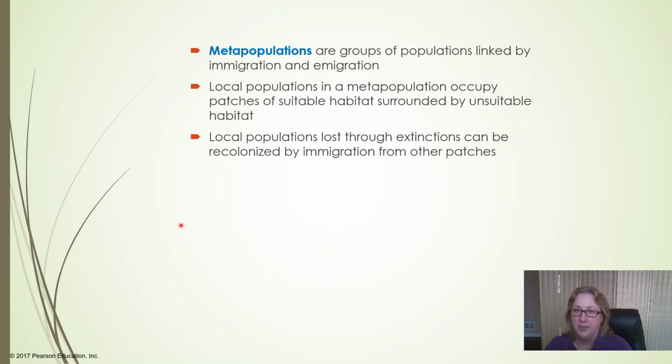So metapopulations are often really important because if there's an extirpation of one population, another population in that metapopulation, through immigration, might repopulate an area that has the appropriate resources for a particular species. So that's also something that ecologists want to take into consideration when we're managing endangered species.